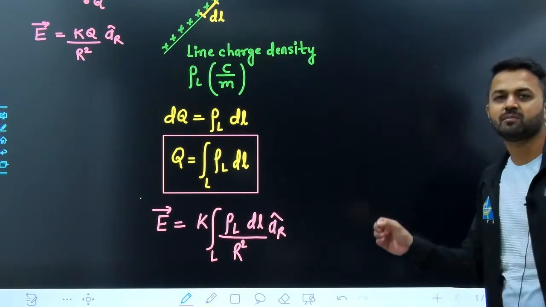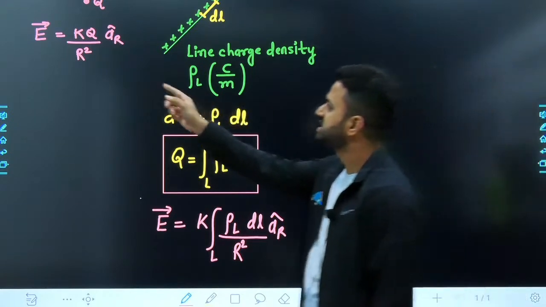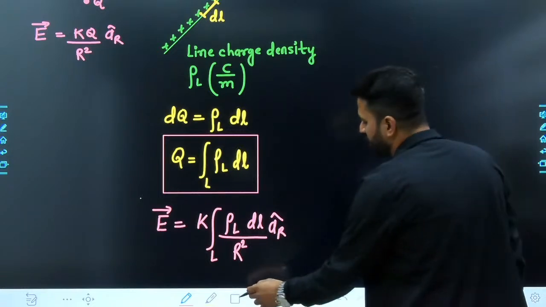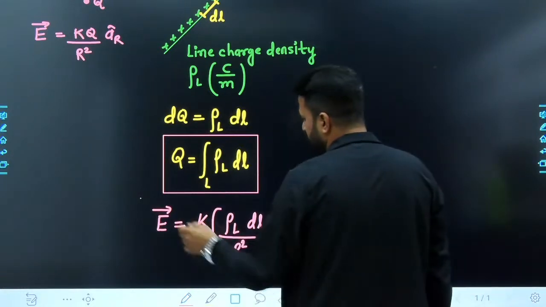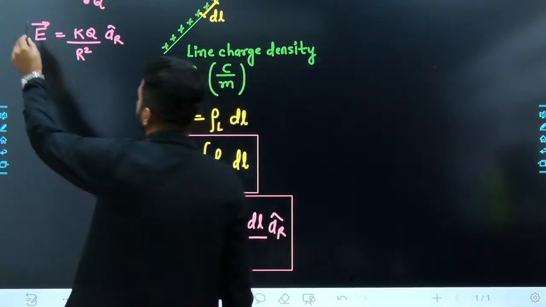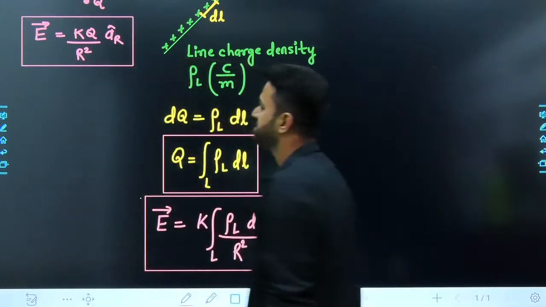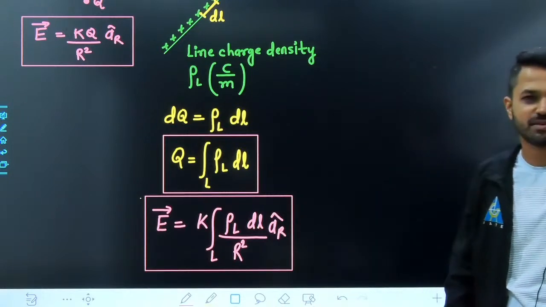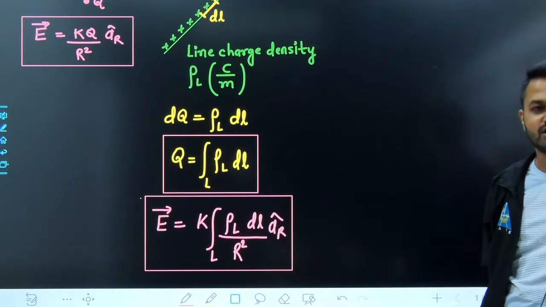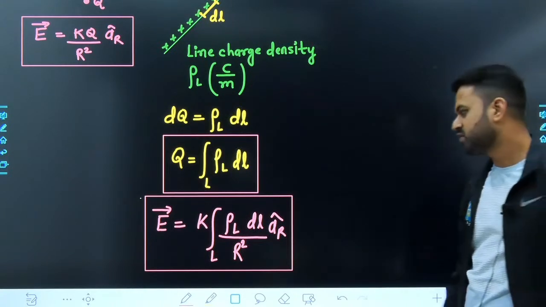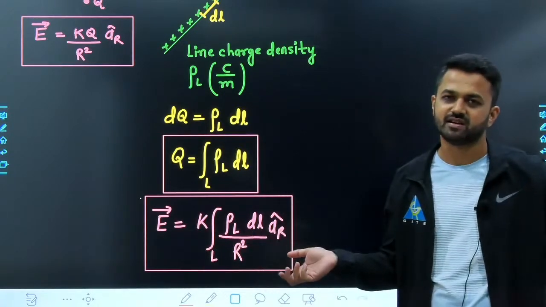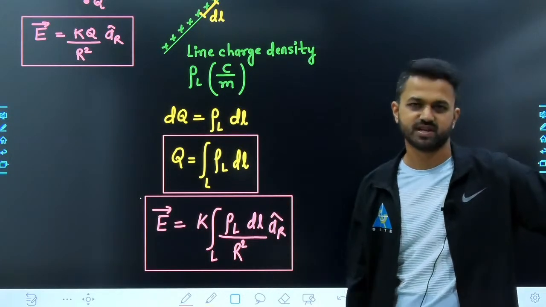You just need to replace the total charge Q and you will get the formula for the electric field of a line charge. So when you derive the electric field for any line charge configuration, whether it is circular in shape, straight, of finite length or infinite length, you have to apply this formula to calculate the electric field.